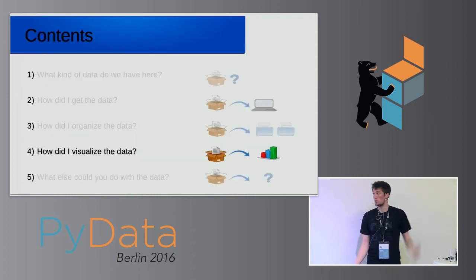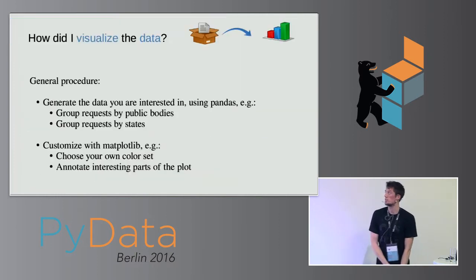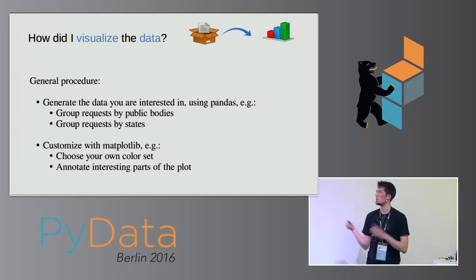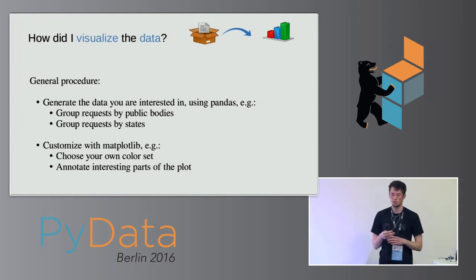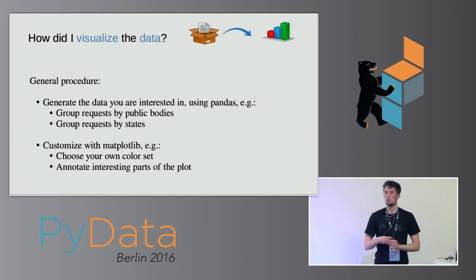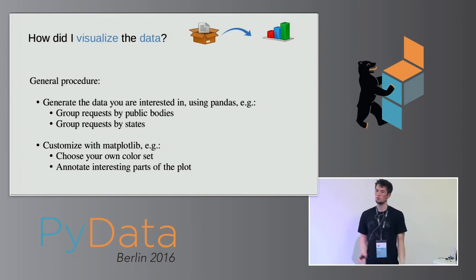And now we can already come to visualizing data. In general, what I did was filter the data set to get the parts of the data that I want, and to format it in a nice way. The grouping functionality of pandas was very useful there, because then you can group the requests by the public bodies or also the states of Germany, and compare these.